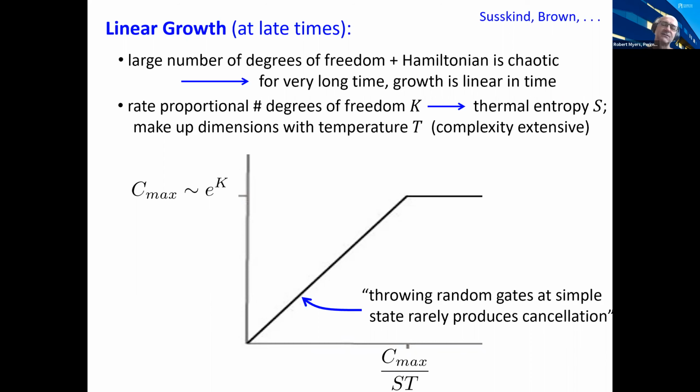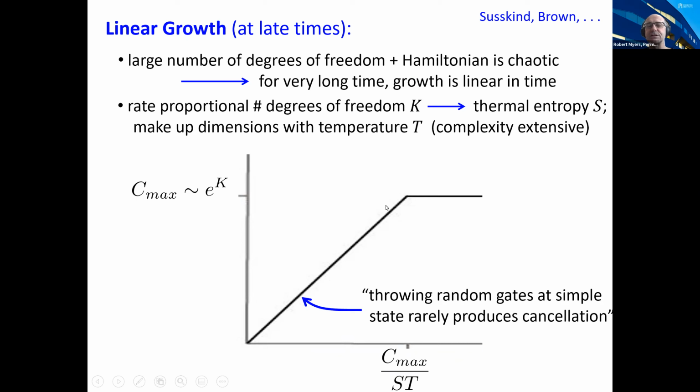And it's only very, very rarely that I'll get a cancellation, where applying a new gate will make the circuit actually smaller because there's a cancellation between the new gate and ones that I've put down before. And so I should expect that the complexity grows more or less at a constant rate as I throw down these gates with the time evolution.